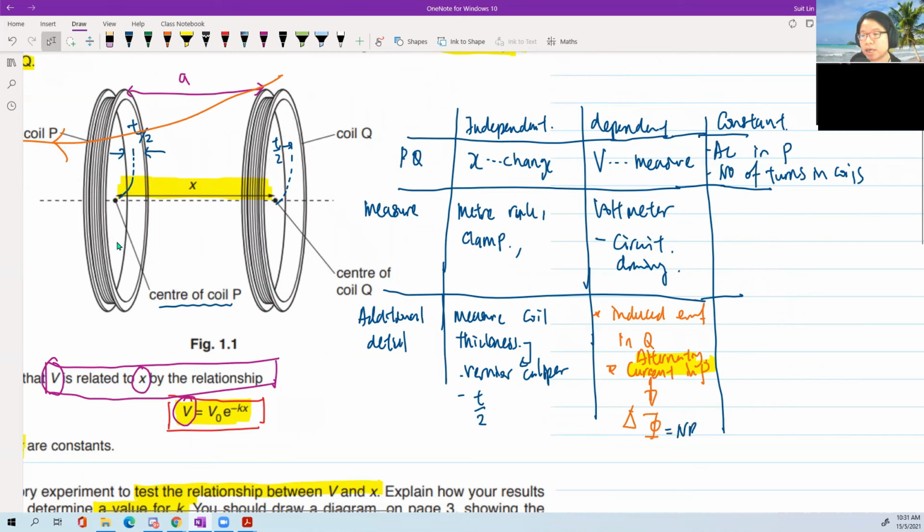So flux will be NBA sine theta. So right now, this one will have to be kept this way. All right. And then I think that's about it. Of course, how do you make sure this one is constant? Then you must measure using an ammeter, the alternating current.